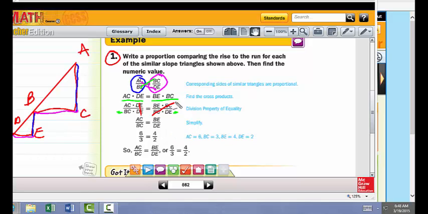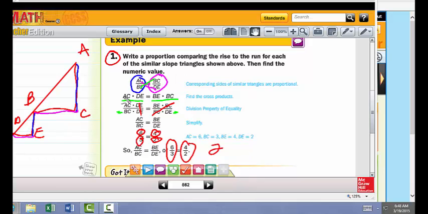So now we can look at the diagram and see that AC is 6, and BC is 3, and BE is 4, and DE is 2. So we can see that indeed we have 6 over 3 does equal 4 over 2. In both cases we have simplified down to 2.